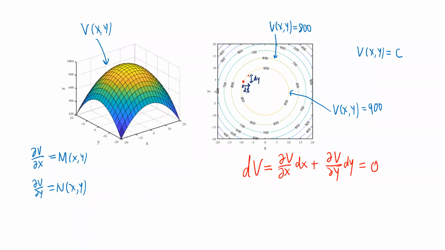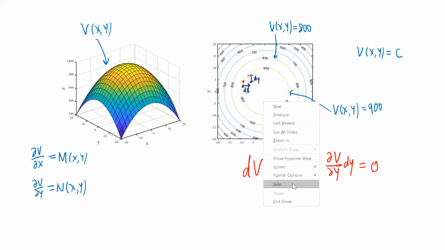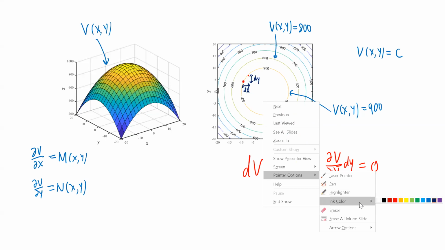That means the dx and dy have to satisfy a certain relation, such that the change of your position does not result in any change of this function value V. So what is the relation between dx and dy?